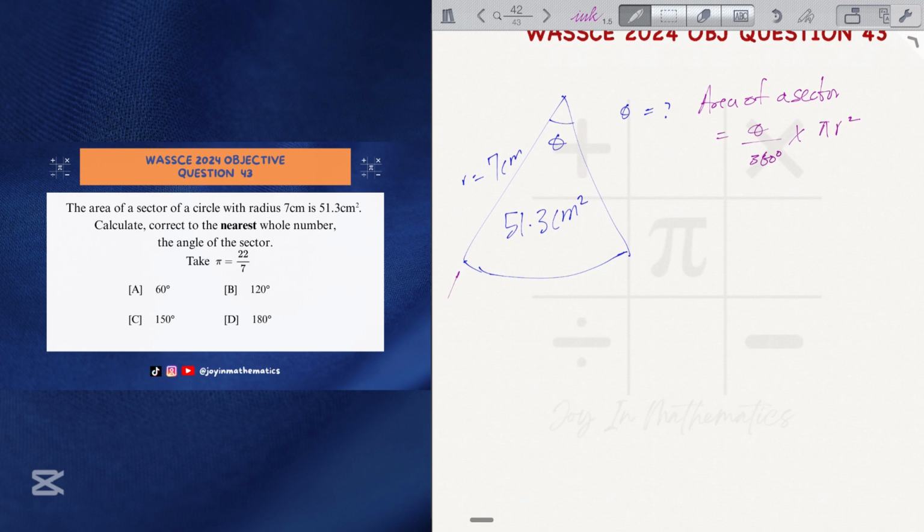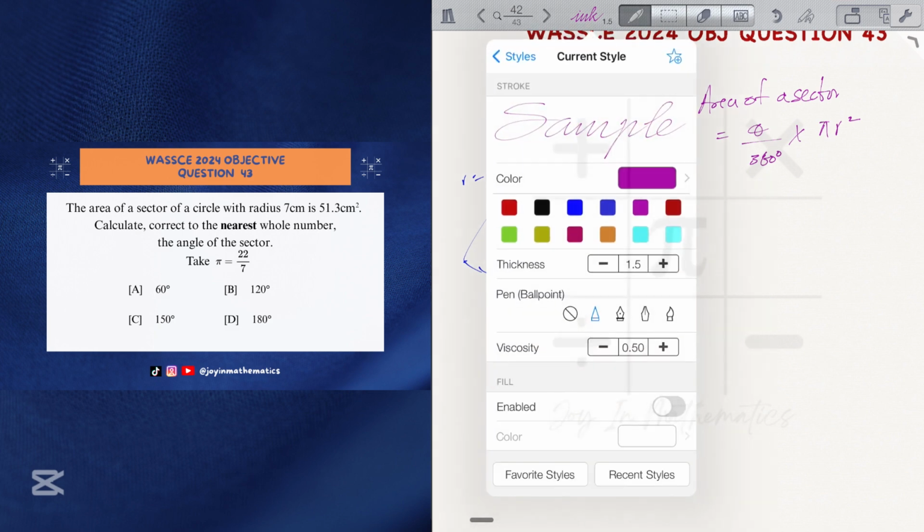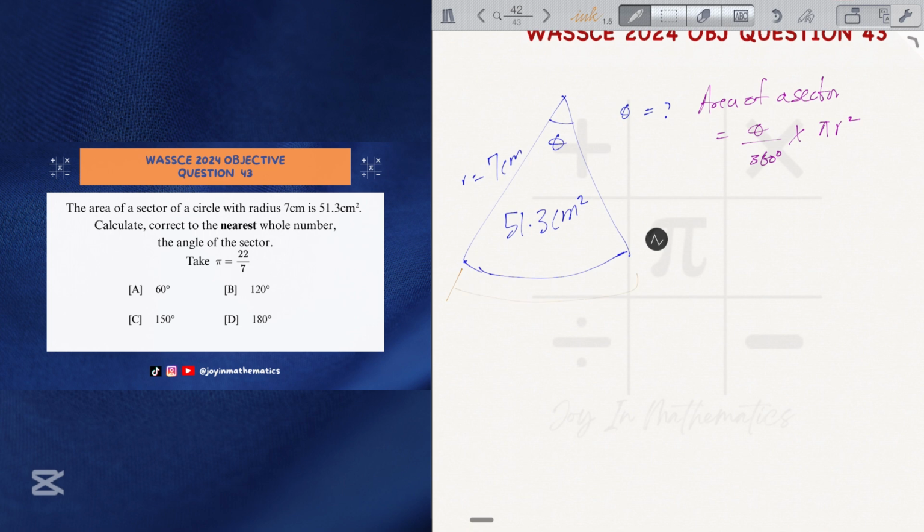Let's call that length L. The length of an arc is theta over 360 multiplied by 2 pi r.